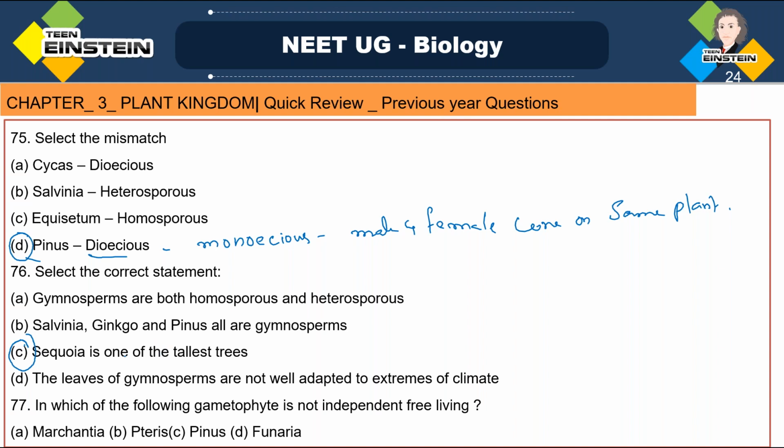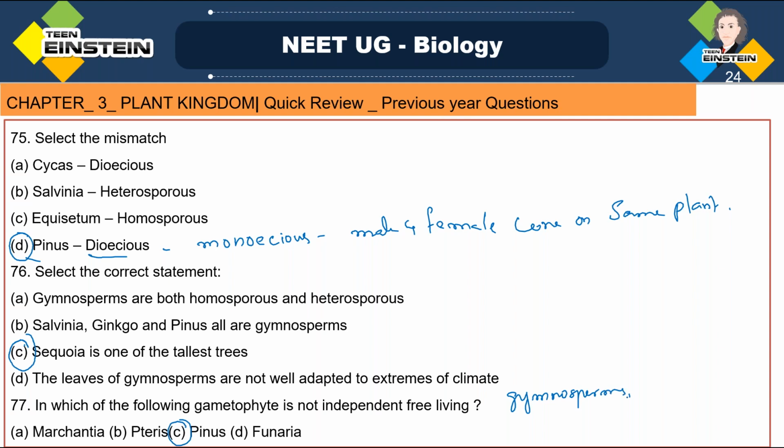Next question comes here. In which of the following is the gametophyte not independent free living? Options: Marchantia, Pteris, Pinus, and Funaria. Gametophyte is not independent free living. So here, option C, Pinus, belongs to gymnosperms, right?